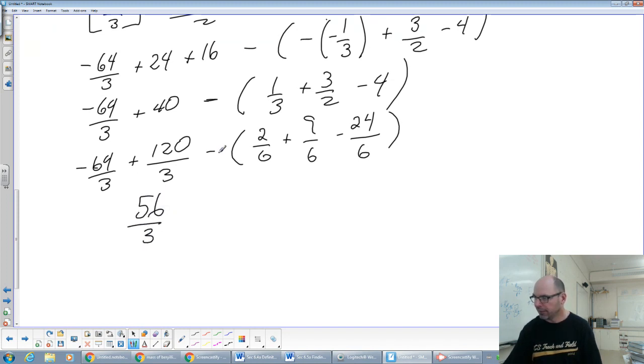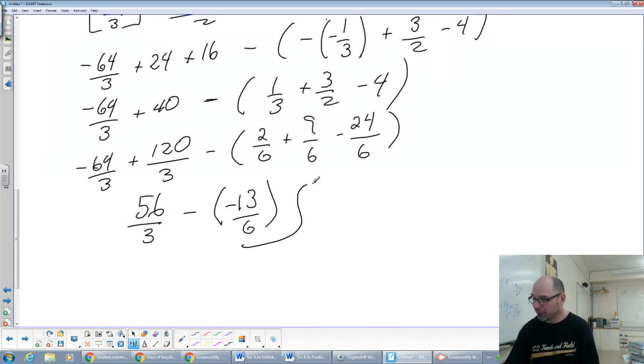Okay, and then minus, okay, we got 11 subtract 24. Okay, so 11 subtract 24 is good, sixths, by the way. So that would give us 13 negative sixths.